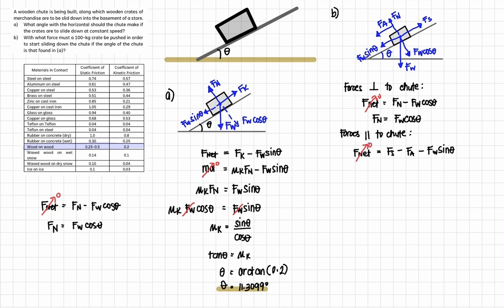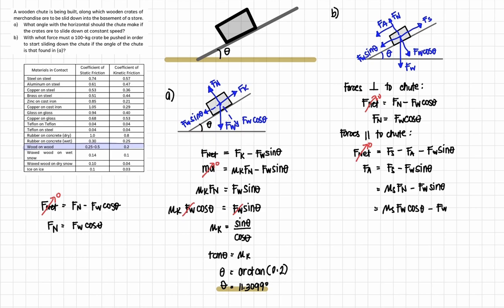To start moving, Fs is equal to Fa plus Fw sine theta. Because we're looking for the applied force, with what force must it be applied, Fa equals Fs minus Fw sine of theta. But that static friction is mu s Fn, and that Fn is Fw cosine of theta.